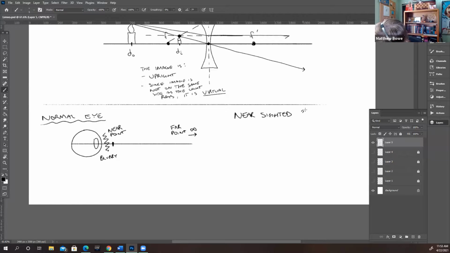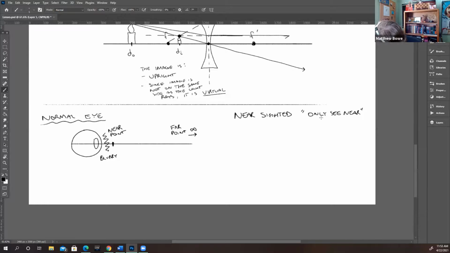Nearsighted is just can only see near. All right. For people with these types of eyes, it comes down to just the shape of your eye makes it hard for you to see something far away.